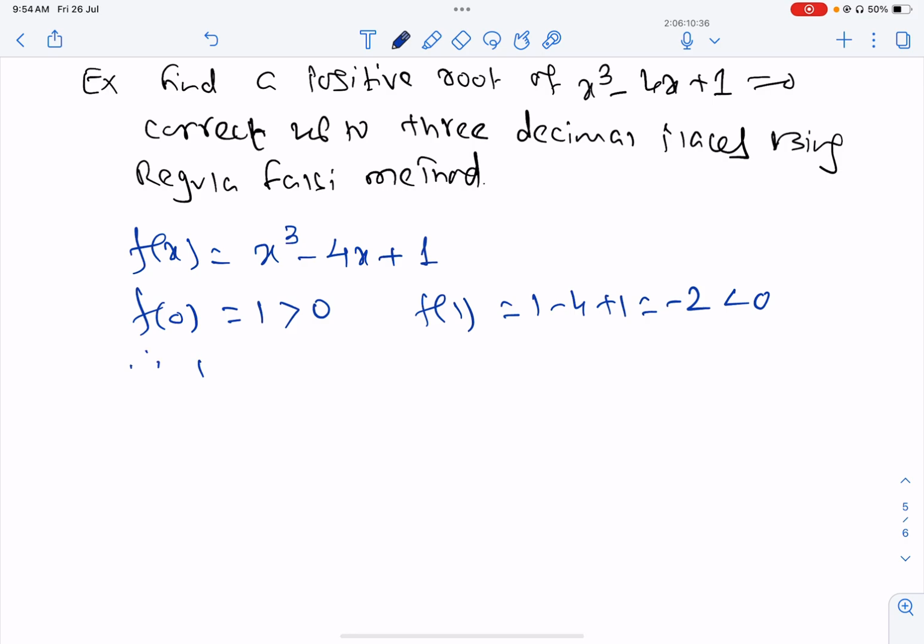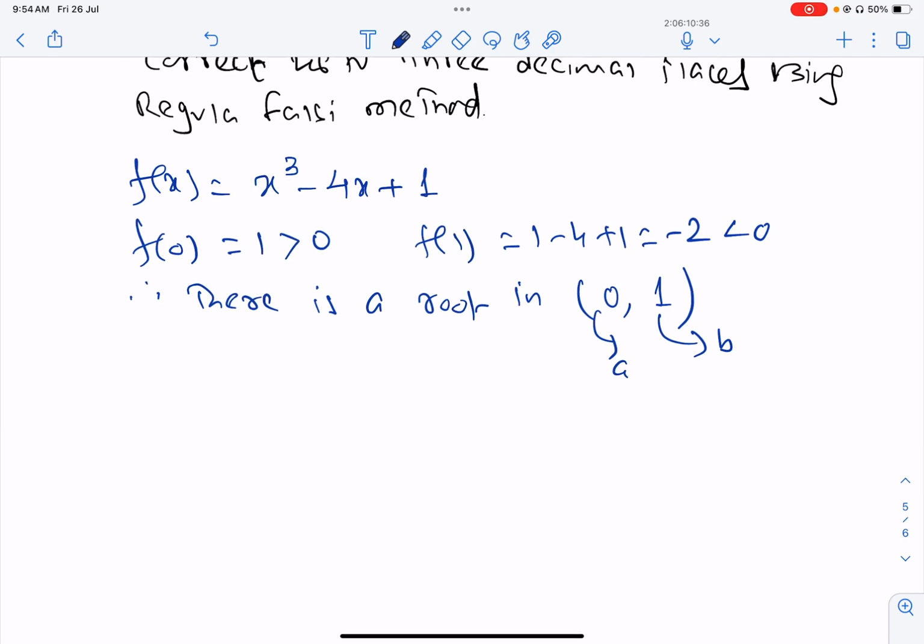Therefore there is a root in the interval 0 and 1. So you can consider this as A, this as B. This is f(a), this is f(b).